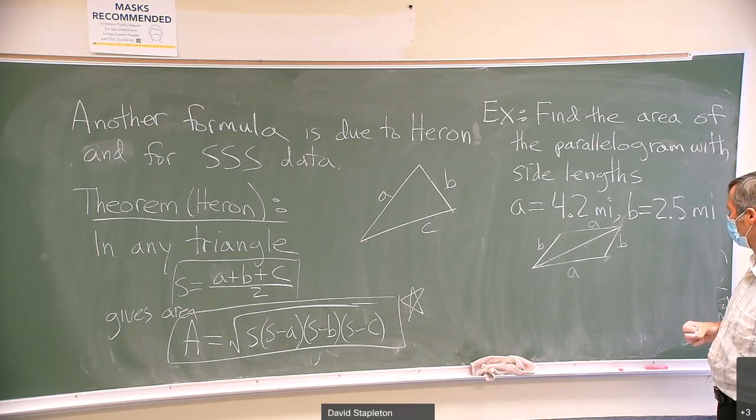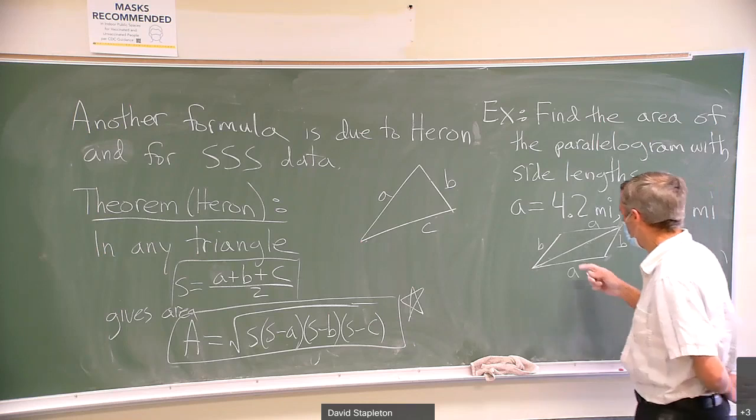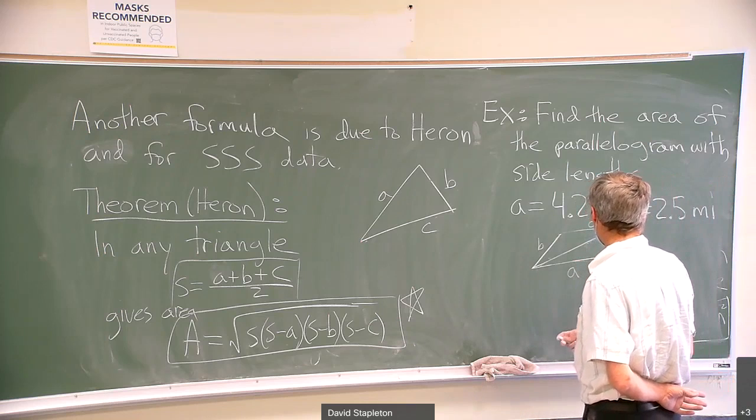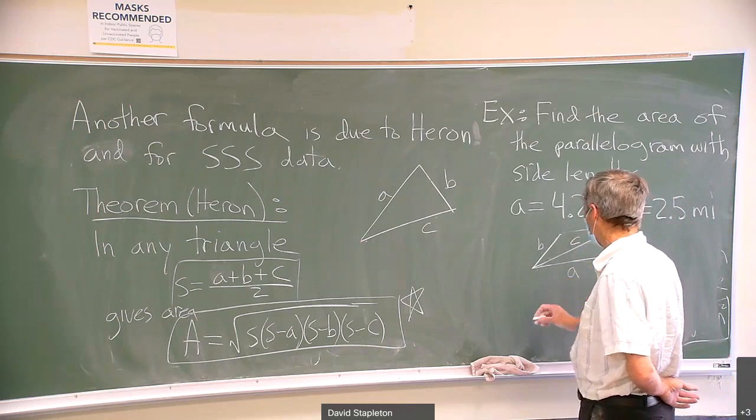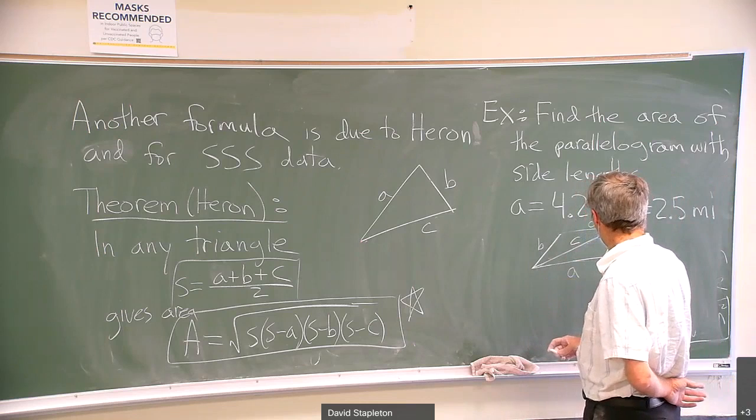Sorry, this was going to be for the other formula, wasn't it? Well, let's go ahead and do this one. And then find the area of the whole thing by itself. So let's do this. What's the length of side C down the middle?